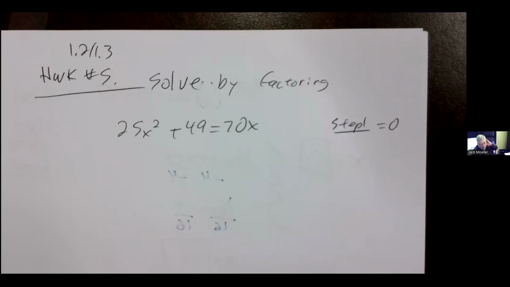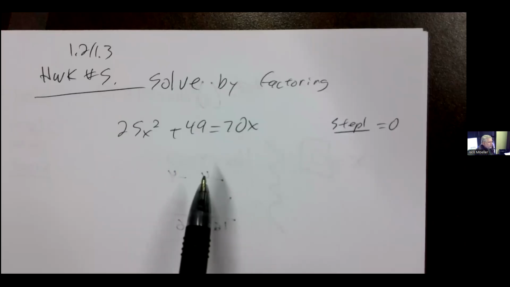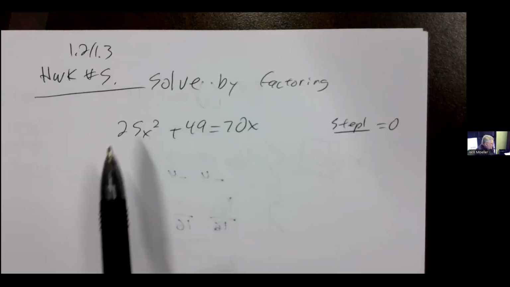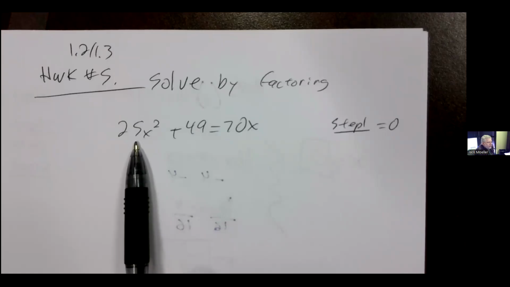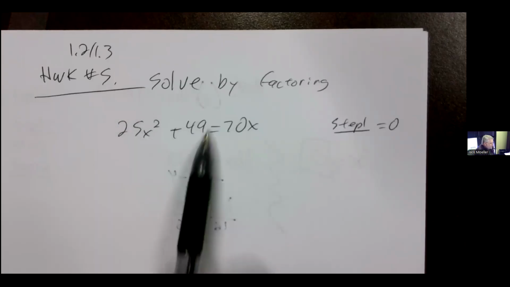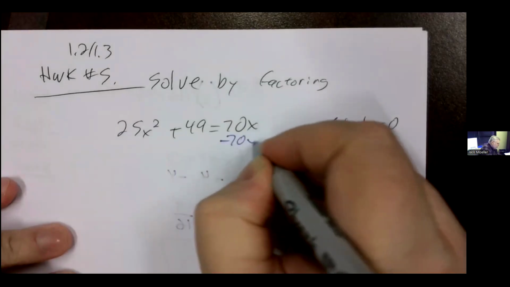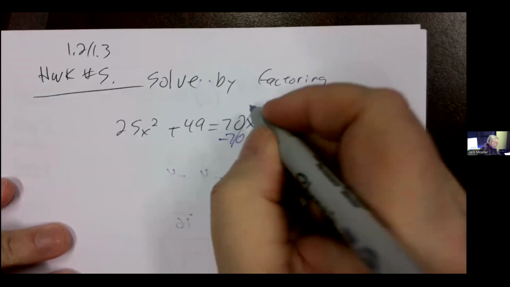So the question is, which side do you take everything to? It doesn't really matter in the long run, but when we're factoring, we'd like our leading coefficient to be positive. So what I do is I take everything to whatever side makes that square term positive. I've got a positive 25x squared over here, so I'm going to leave these on this side, and I'm going to move the 70x over. So to zero it out over here, we're going to subtract 70x.